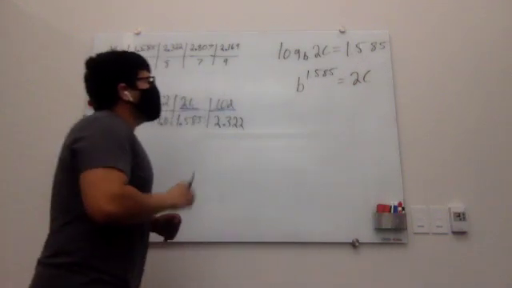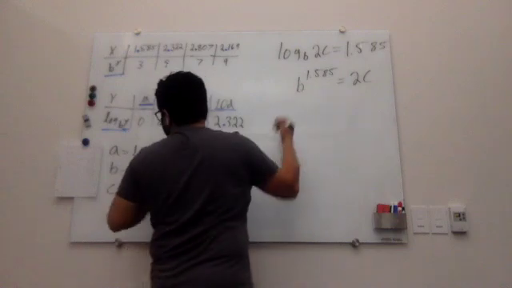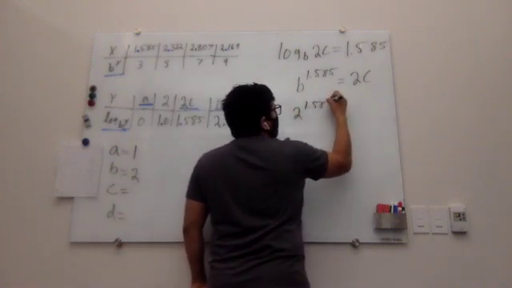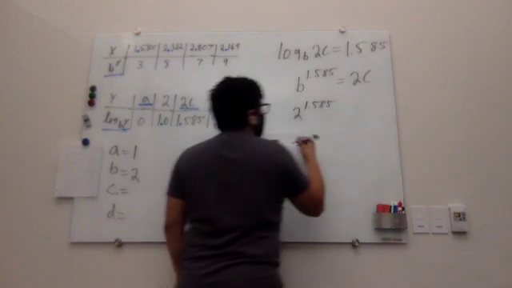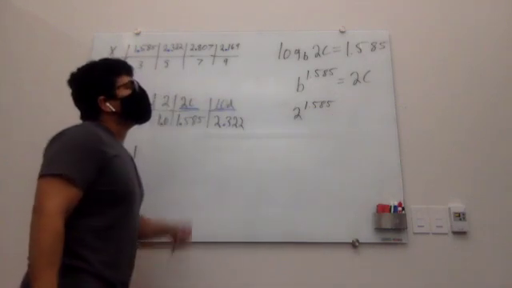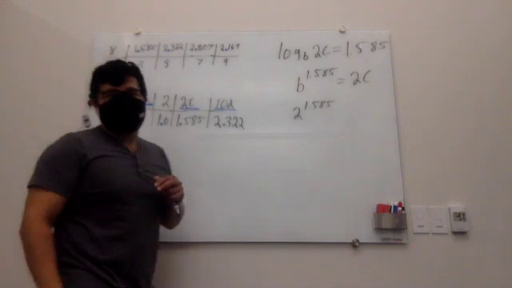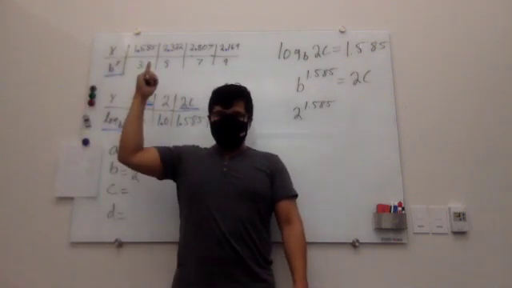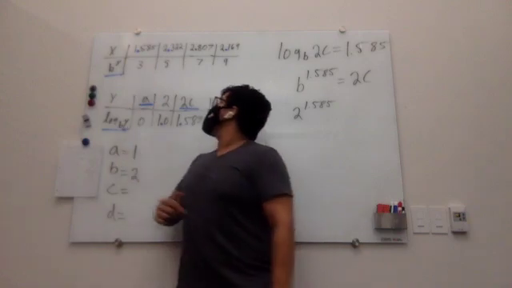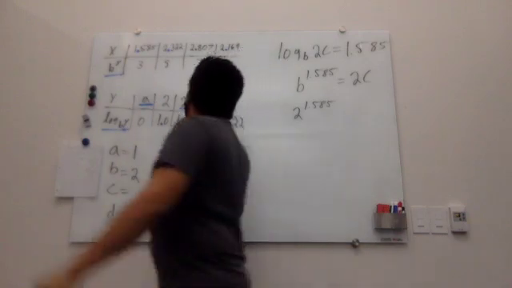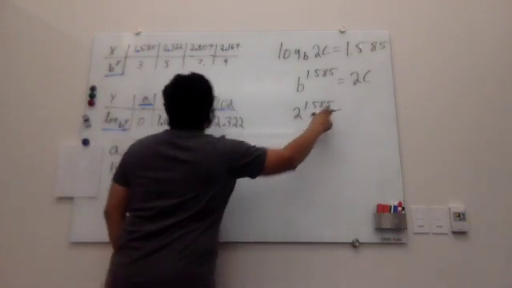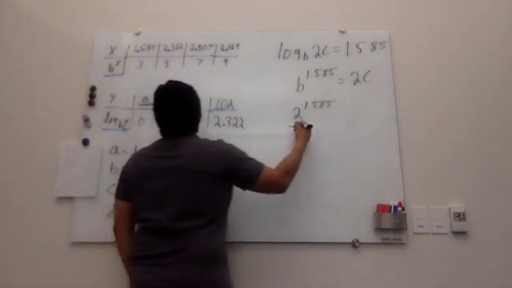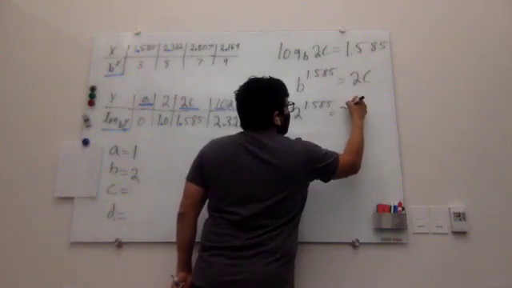Huh. Well, we know b is equal to 2, and 2 to the 1.585 power, I think we've seen this before. Boom, right there. That was a little tricky, actually. Anyway, 2 to the 1.585 power, hey, that's just equal to 3.